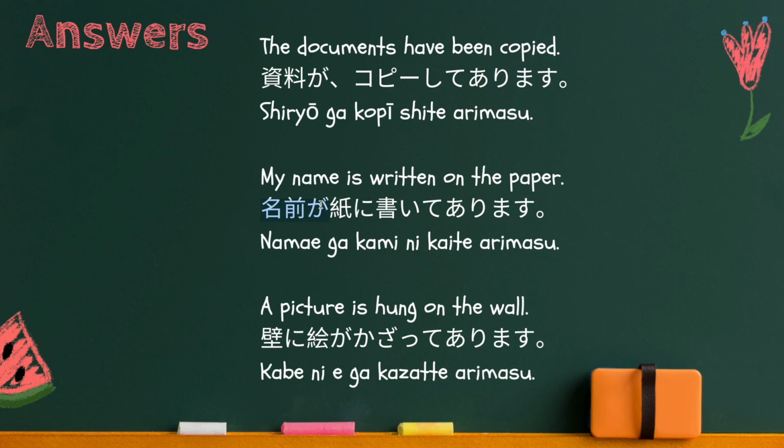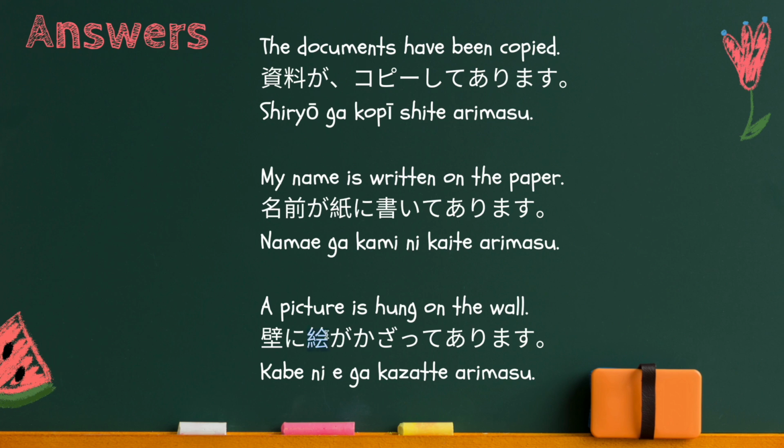Last one. A picture is hung on the wall. 壁に絵が飾ってあります。て form plus あります。So someone already hung the picture on the wall before, and the result still remains.